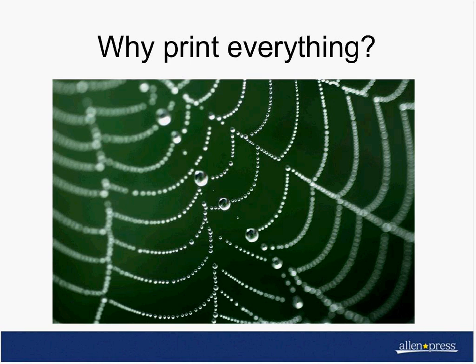Another extension of what we were just talking about is why print everything. To handle backlog is not to do preprints, because sometimes you don't want to sacrifice that quality, but it literally is that you have articles to publish, and you only have the budget and space for 15.